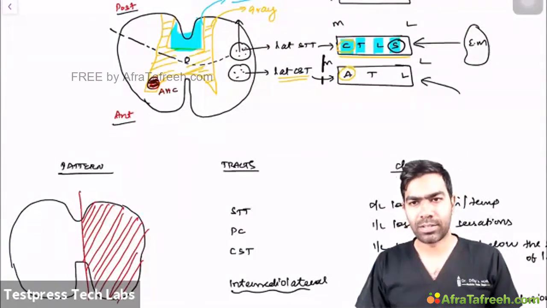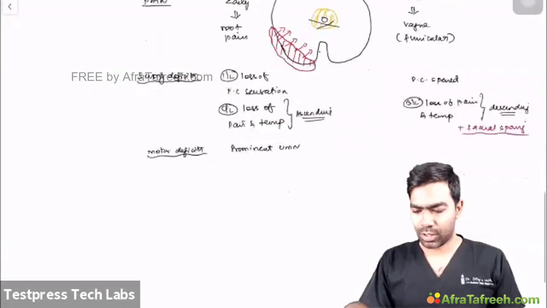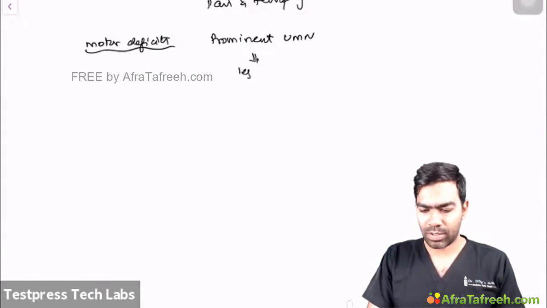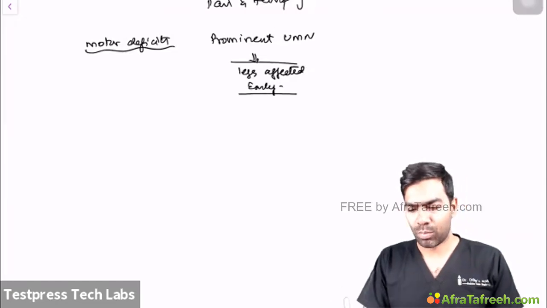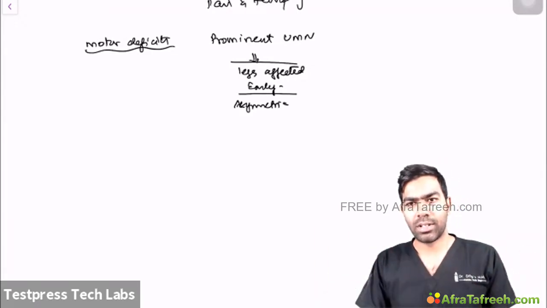Legs or arms? In extramedullary lesion. So yes, your legs will be affected early. It will be prominent UMN kind of a picture, and legs will be affected early. Most often it will be asymmetric, because from one side only it's compressing.